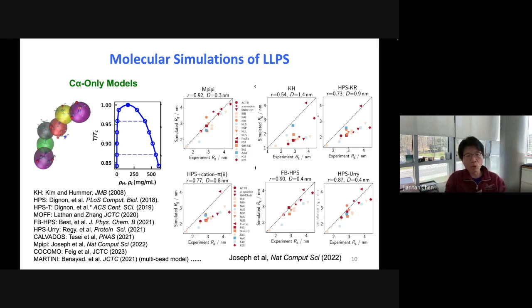There are also people who fine-tune the size of the bead to correspond to the size of the amino acid. So these all become design choices, and most of the time this is really empirical, essentially based on your physical intuition, whatever you decide makes sense.